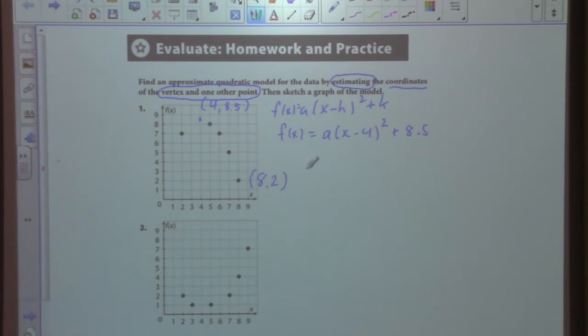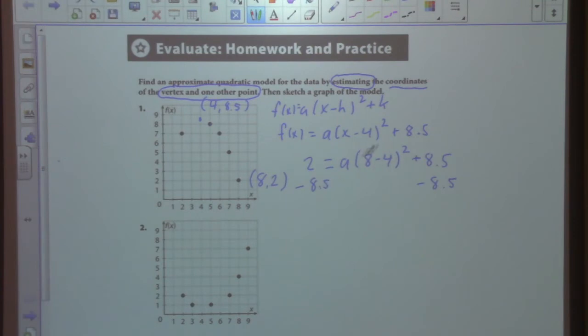So now using that point, we can just plug in here, and we have 2 is equal to A times 8 minus 4 squared plus 8.5. And then, what next? 2 equals A times 16. Yeah, I'm going to do 2 things at once here.